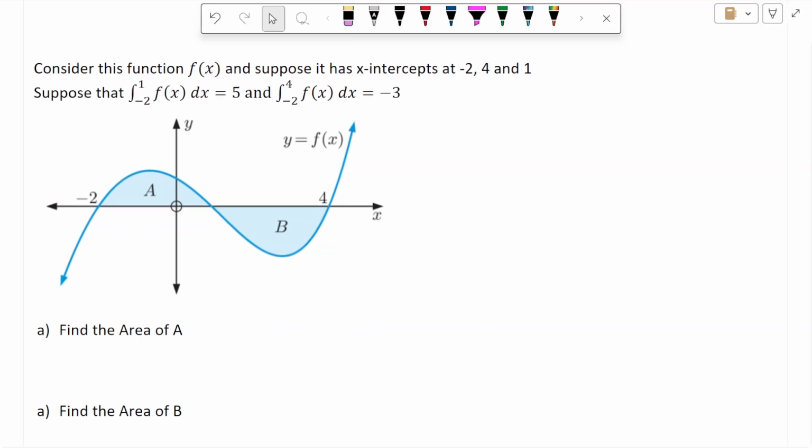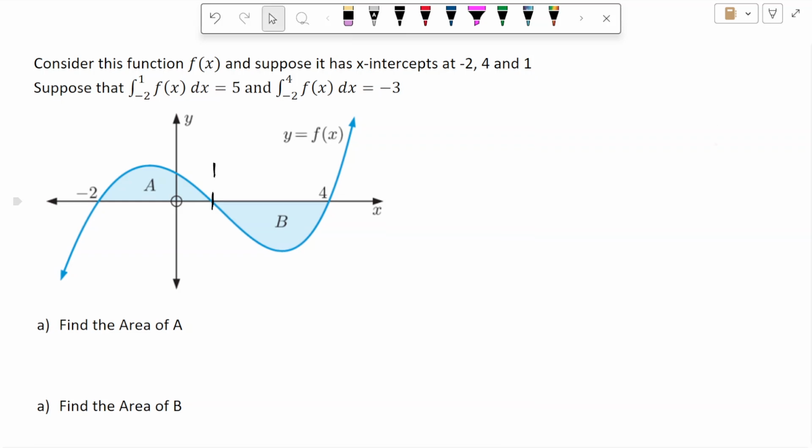Consider that function. We don't actually have the equation for it, but we know a few definite integrals. So the integral from -2 up to 1 is 5, and the integral from -2 up to 4 is -3. Now, it has x-intercepts at -2, 4, and 1. Find the area of A. So the area of A is just the integral from -2 to 1 of the function.